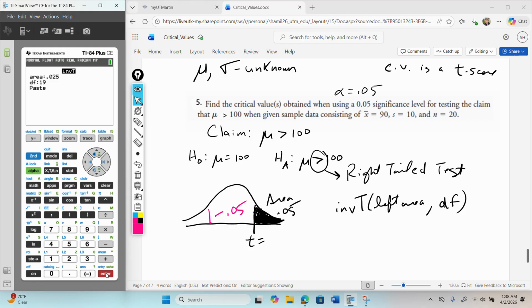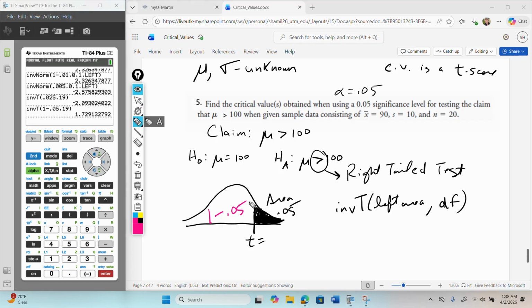It has my previous information. Now the left area is 1 minus 0.05. My degrees of freedom are still 19 because the sample size did not change. Okay. So I have one critical value, and it is t equal to 1.729. So I only have one critical value, and it's a t-score. Okay.